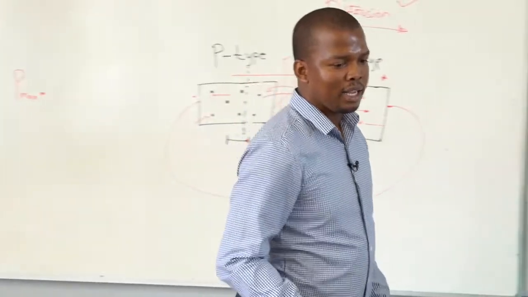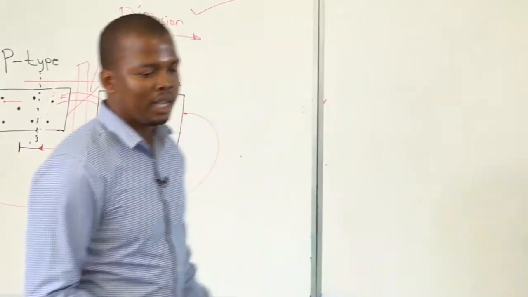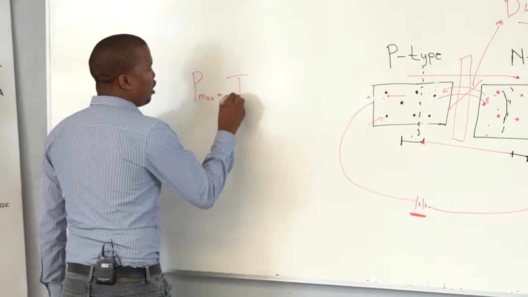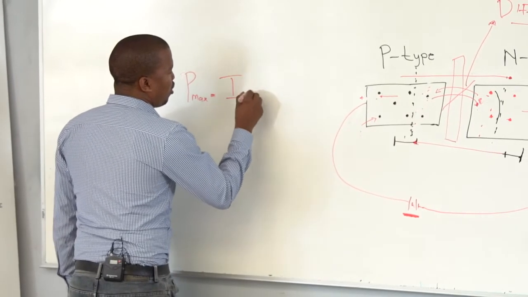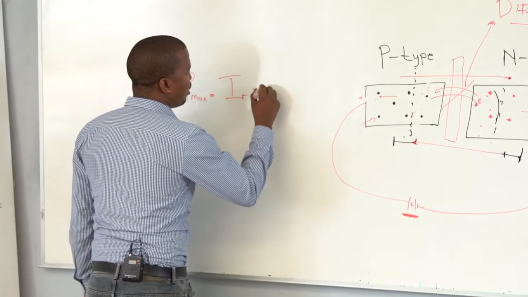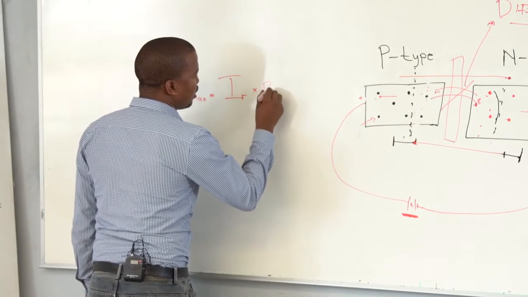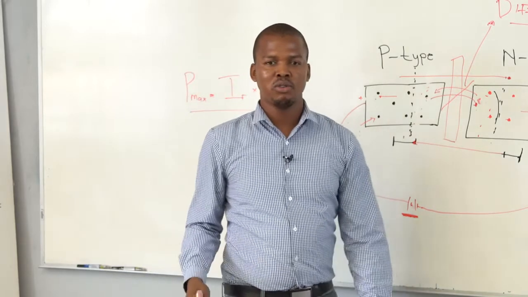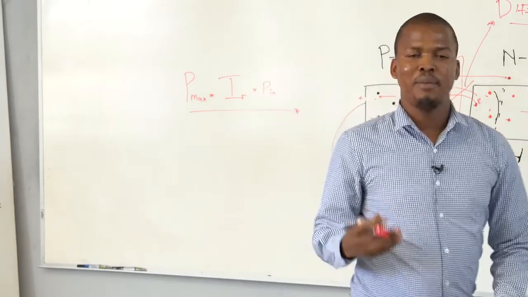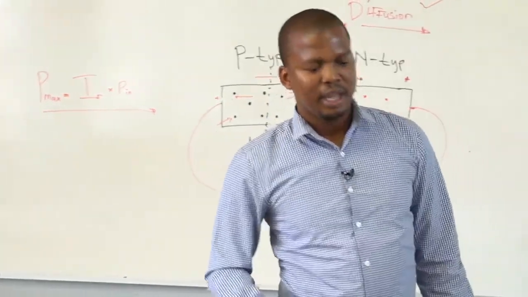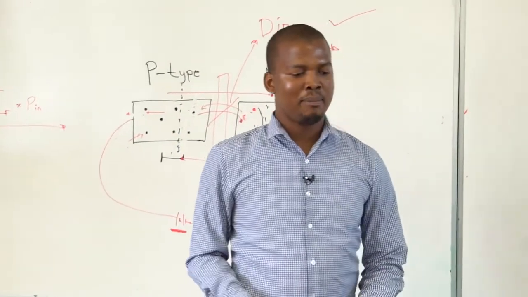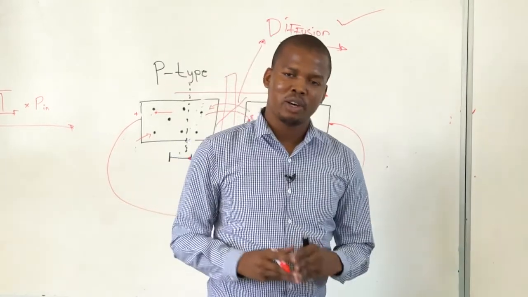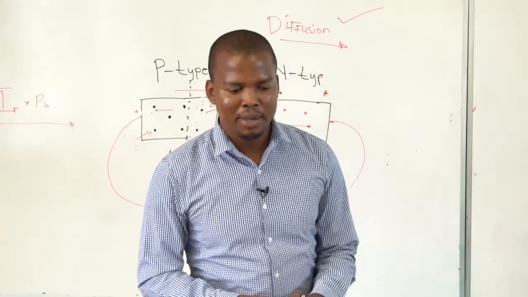By multiplying the forward current and the peak inverse voltage. This is the formula that you must use in order to get the maximum power rating, the maximum power that can be dissipated at a junction without causing further damage.